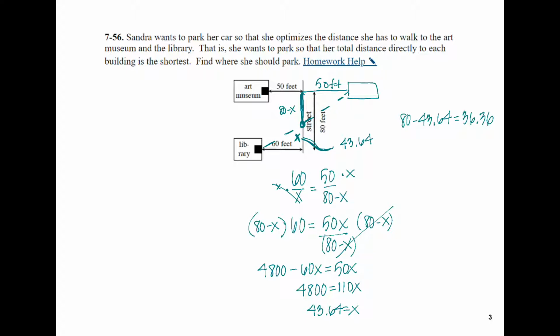So the best place to park would be approximately 36.36 feet from the art museum.